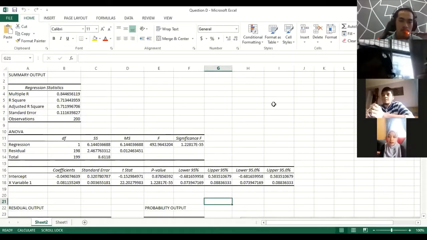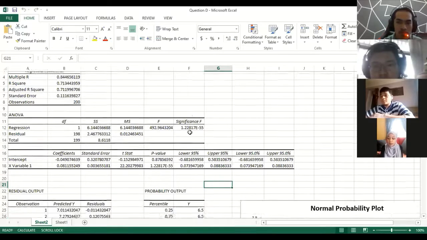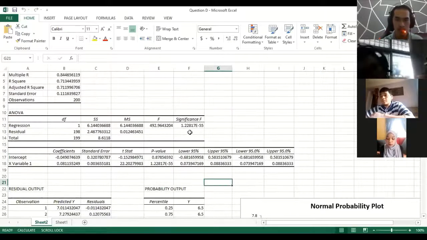From this information, we can reject H null if the p value or significance F is less than alpha 0.05. As you can see, the value of significance F is less than alpha 0.05, so we reject H null. This concludes the data provides strong evidence that a linear relationship exists between x and y.